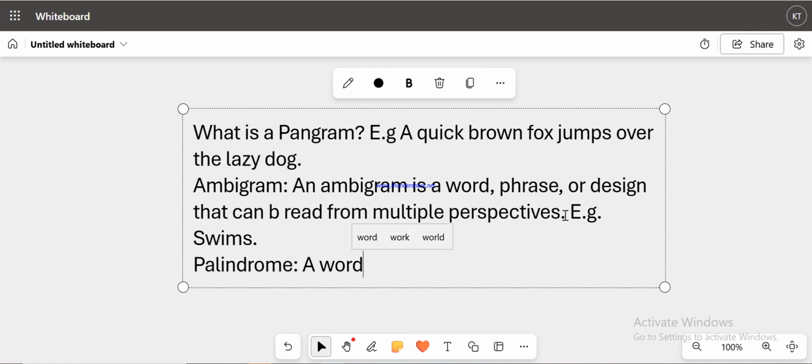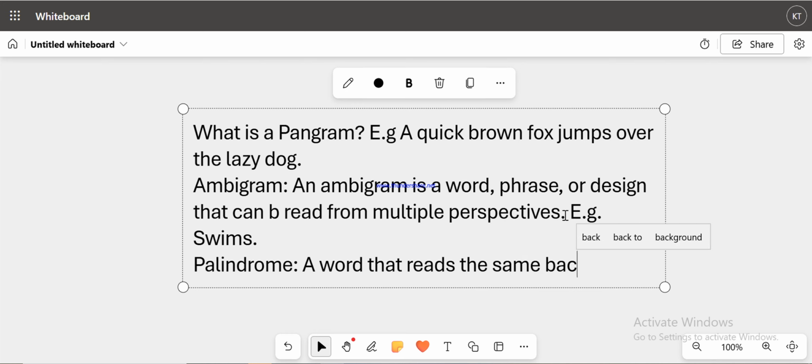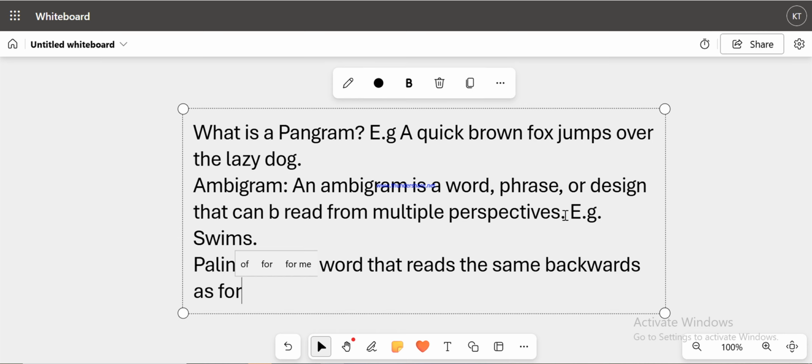A word that reads the same backwards as forwards.